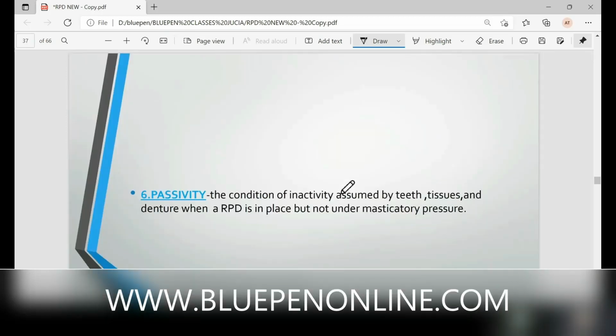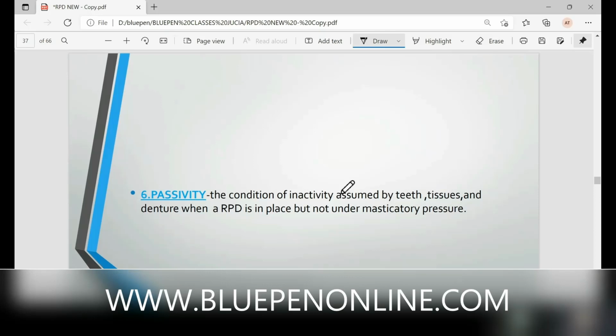Then you have passivity. Passivity means the condition of inactivity assumed by teeth, tissues or denture when an RPD is in place but not under masticatory pressure. It means you have given a prosthesis with all these clasps to the patient. Now when the patient is not doing anything, in complete rest, these things should not work.